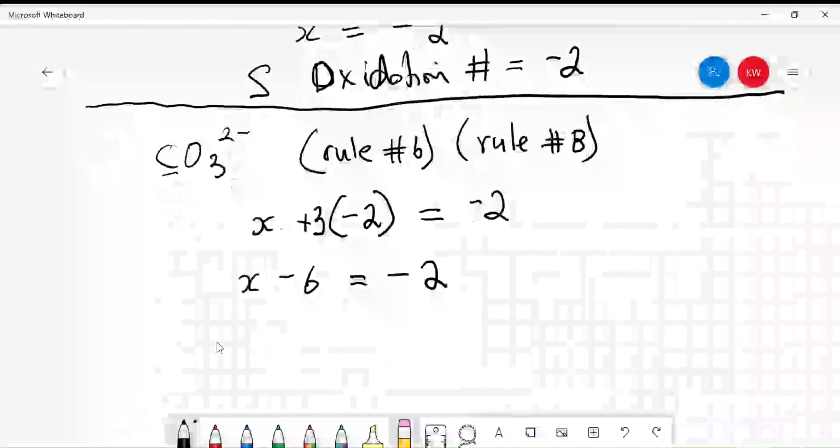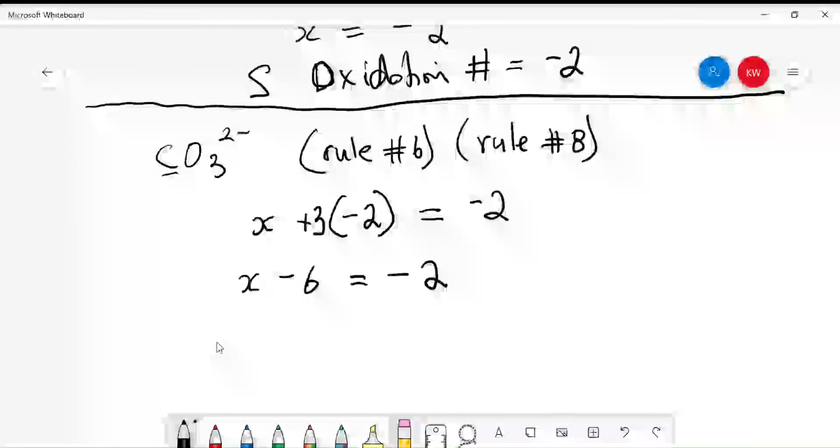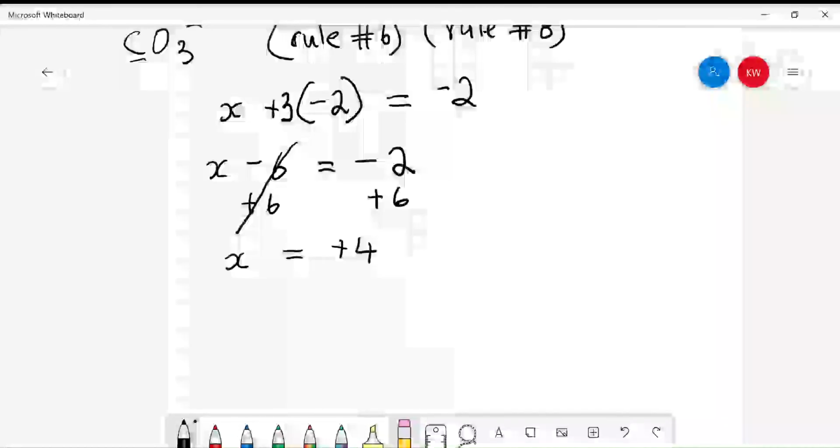To find what X is, we're trying to get rid of the 6 portion. We're going to add 6 to each side. Whatever you do on one side of the equation, you must do on the other side. So in that case, this is going to cancel, and we're left with X equal to +4. So in this case, carbon has an oxidation number of +4. Okay, so you could try out examples on your own. Hope this helps.